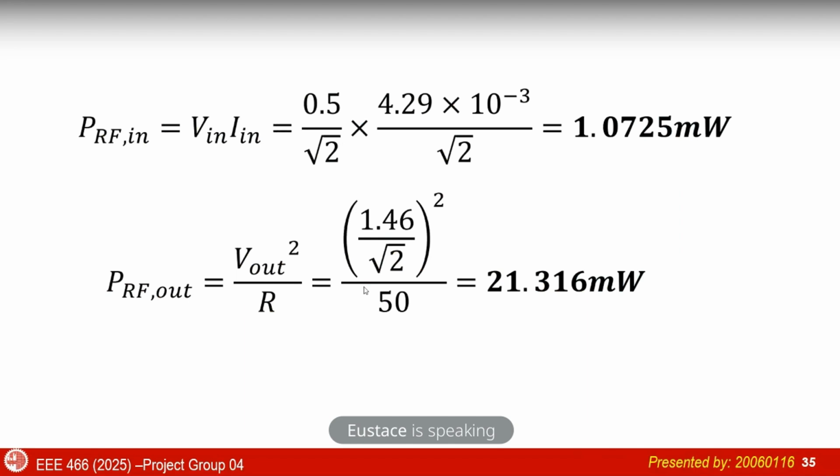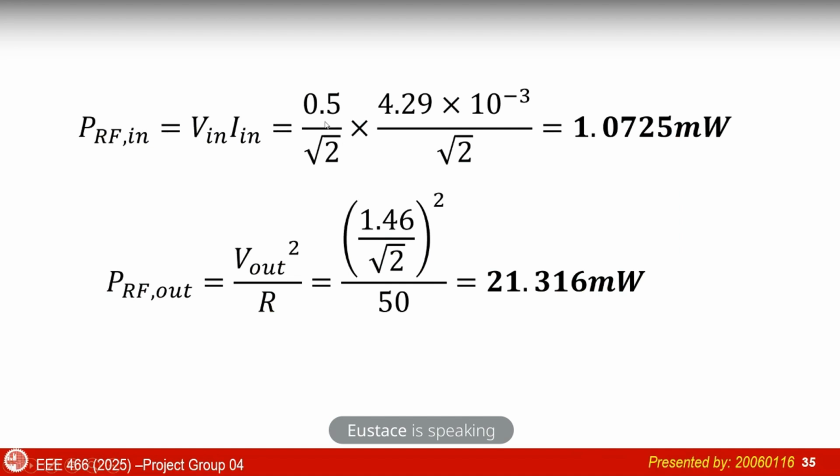Here is the calculation of input power and output power. From the previous plot, we have observed that our input current is 4.29 times 10 to the power minus 3. We have converted it into RMS by dividing it by root 2, and we have simulated the circuit for 500 millivolt, from which we can get the input RMS voltage.